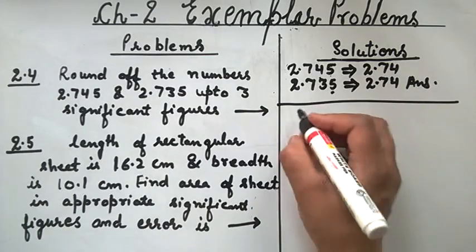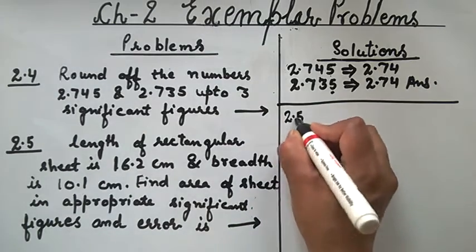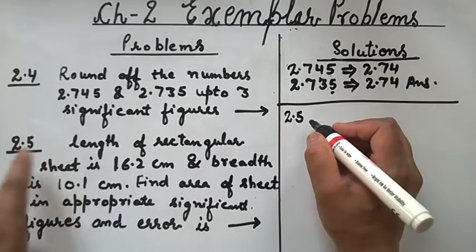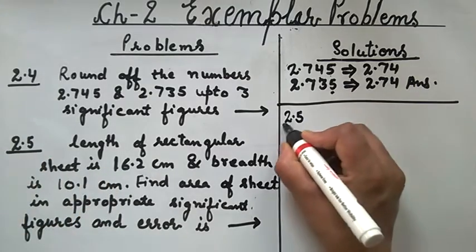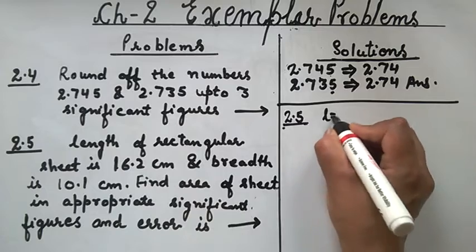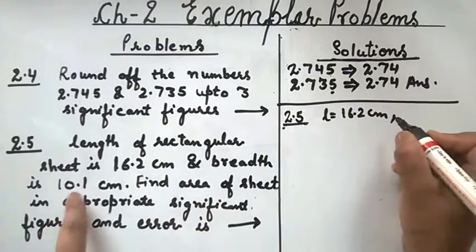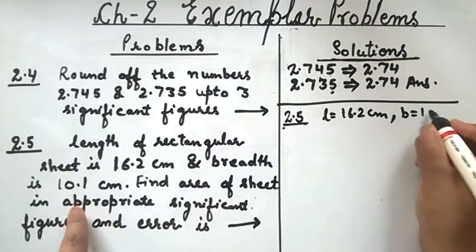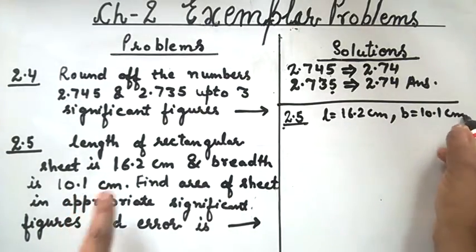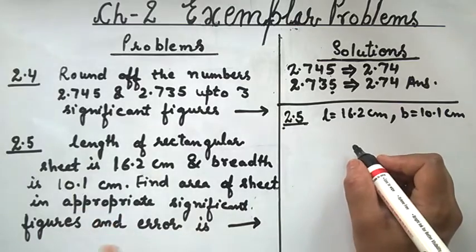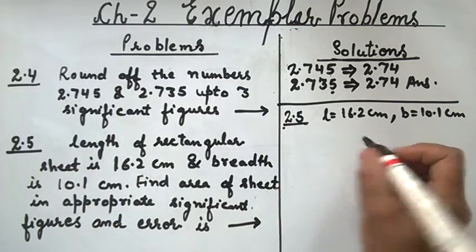Next question 2.5. In the question, the length of a rectangular sheet is 16.2 centimeter and the breadth of the sheet is 10.1. Find the area of the sheet in appropriate significant figures and its error.